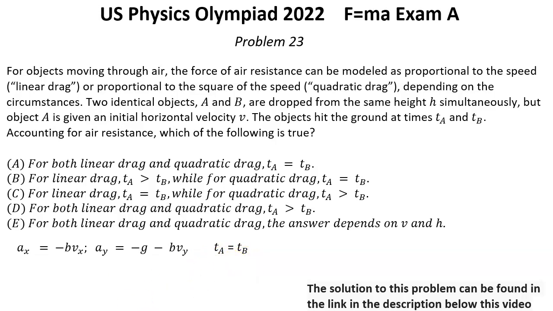For quadratic drag we have acceleration ay equals negative g minus b vy multiplied by the absolute value of v. It means that in case A we have a greater air resistance, and it means that ta is greater than tb. That's answer C, and that was the solution for problem number 23.